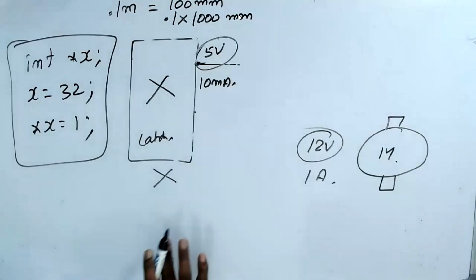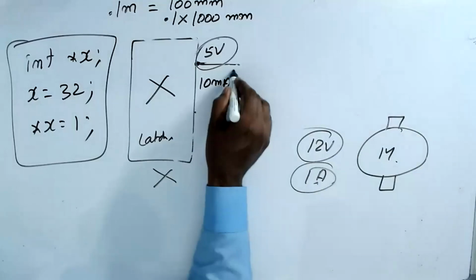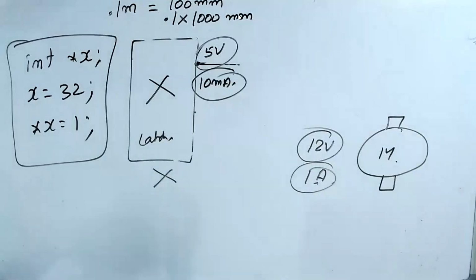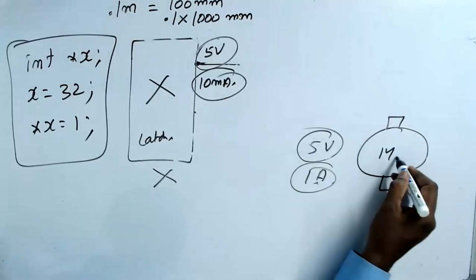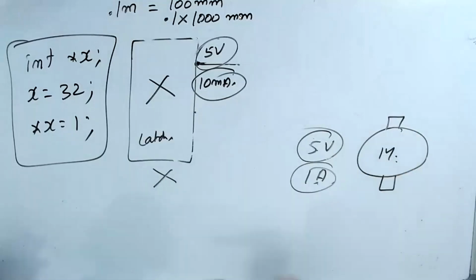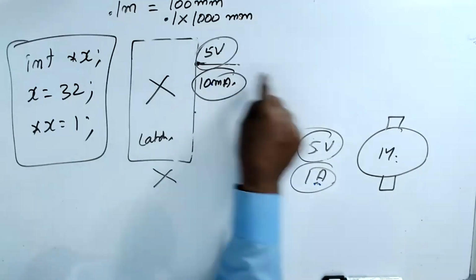Done. Not possible to connect. Second thing is, this guy needs 1 ampere and this guy is giving 10 milliamperes. Both are not matching. But let us assume that if we give only 5 volts, this motor is a 5 volt motor. But the motor is going to take about 1 ampere. Still, it's not matching. This should always be less than this. Then you can connect directly.